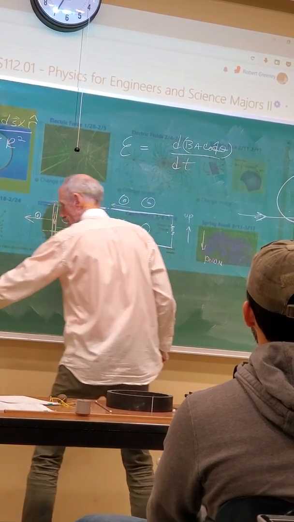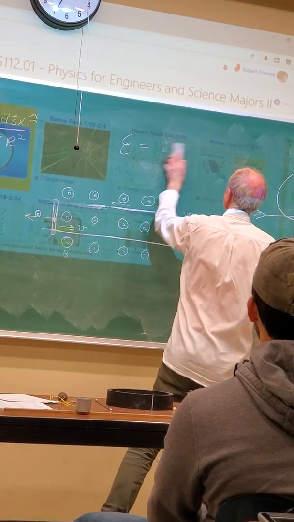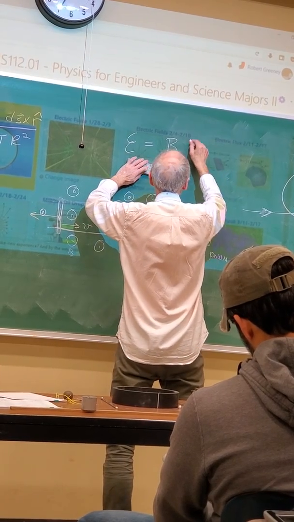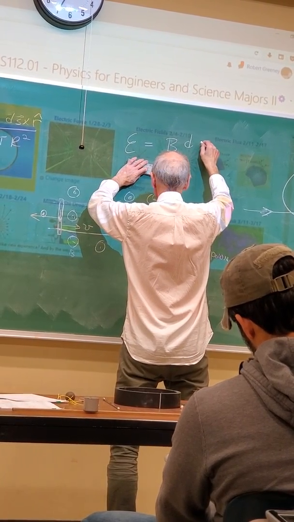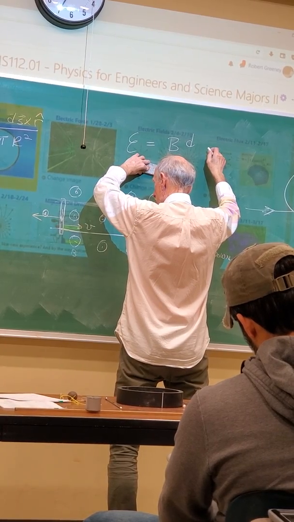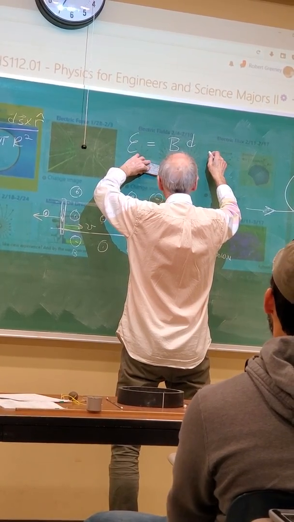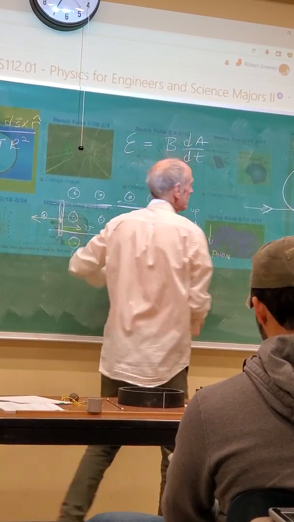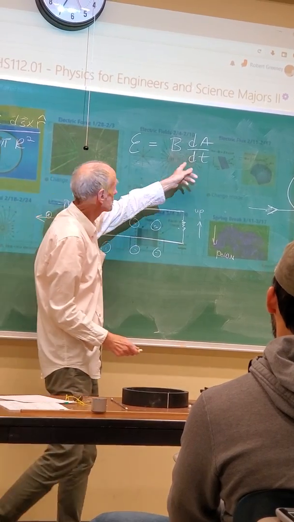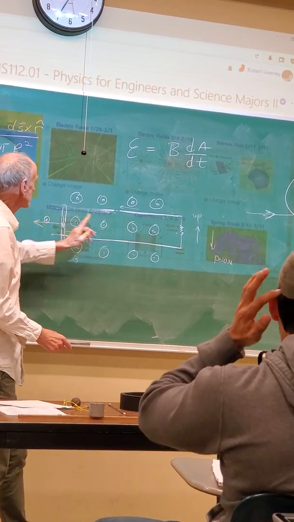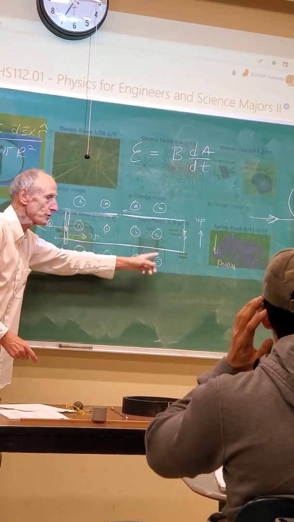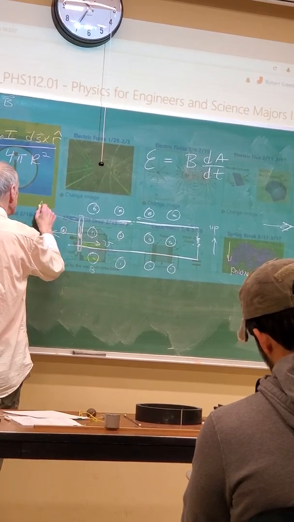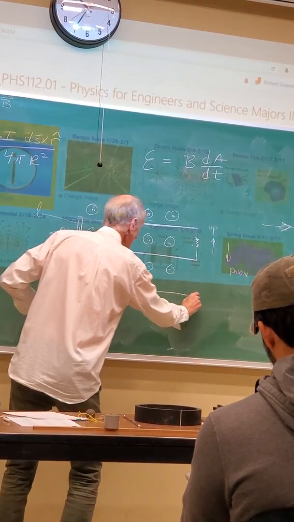And so I have B d(A)/dt, where A is the area of the coil. We'll call this length L, and we'll call this the width, W.